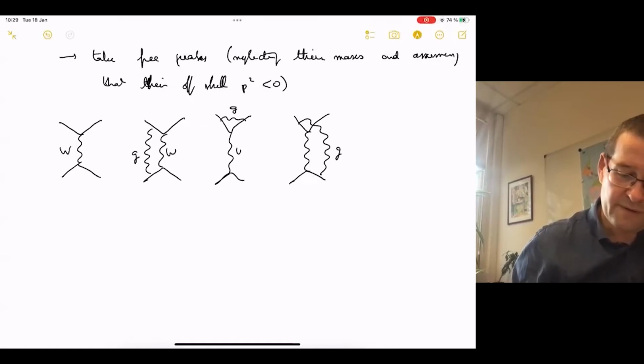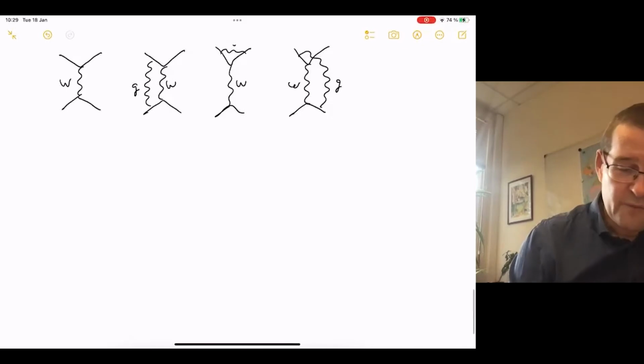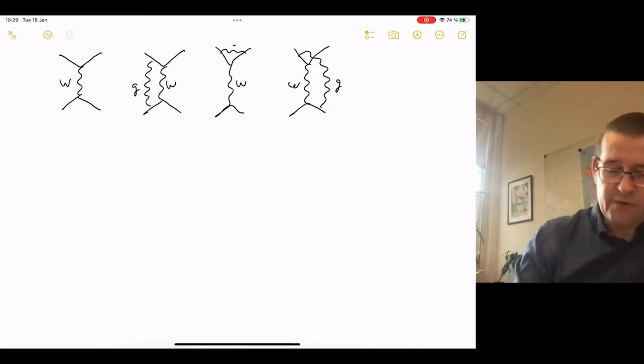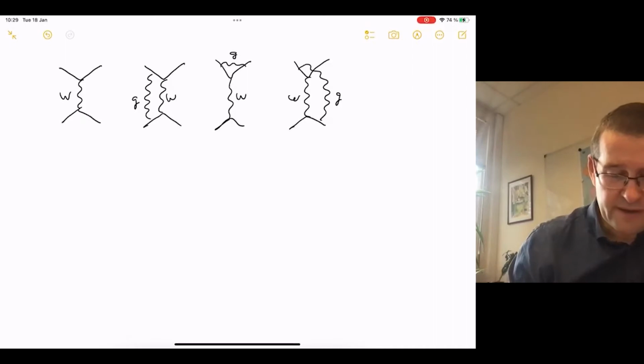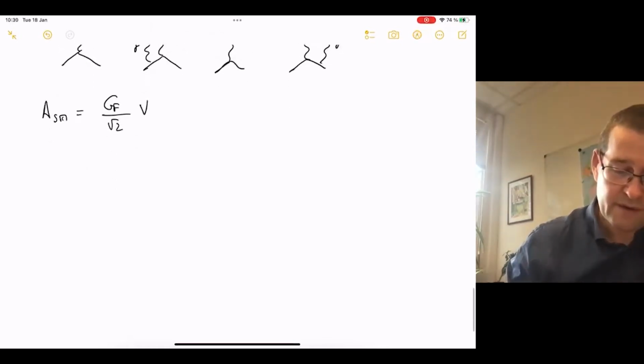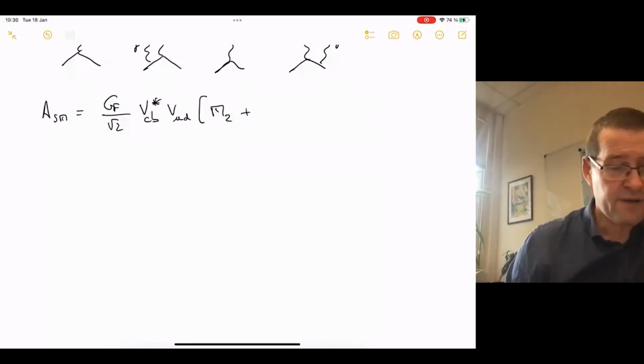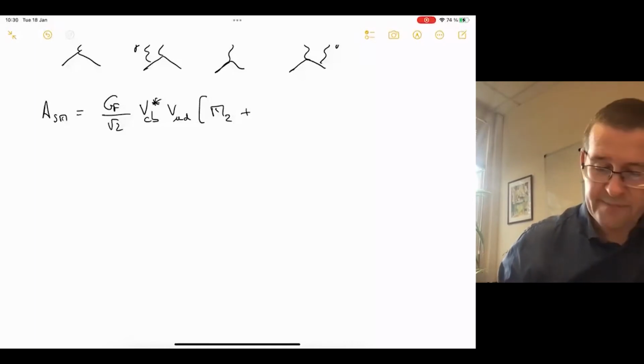So I remind you, if I'm doing the computation in the standard model and I do the computation of all these corrections, what I will get for the amplitudes, you do have a term that corresponds to the leading order, and then you have corrections that are present.